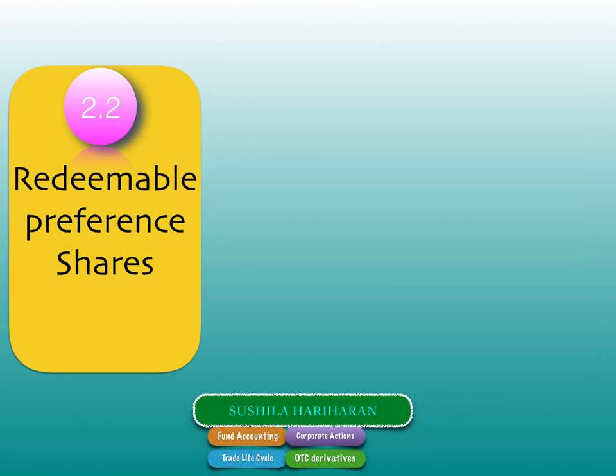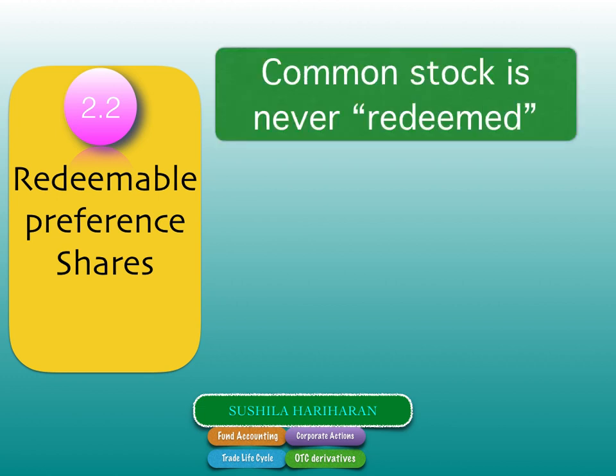We also have RPS, redeemable preference shares. Redeemable preference shares are those which can be redeemed. Do remember over here, common stock is never redeemed. That's the meaning of ownership. The first point that we distinguish between equity and debt is that equity is never redeemed, whereas debt has to be redeemed, it has to be paid back.